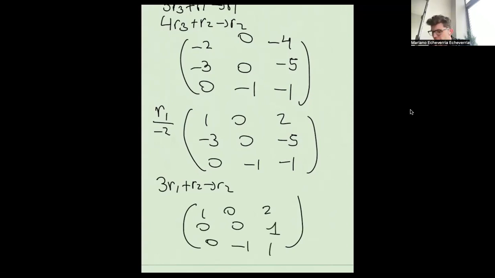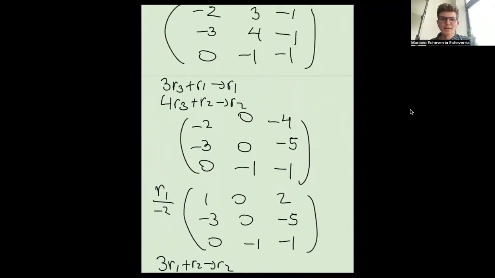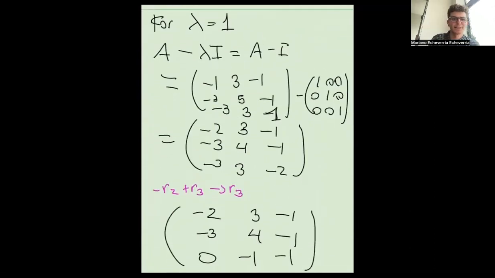Okay, so I must have made a typo somewhere because this is not going to work the way I wanted it, but it is kind of weird. I mean, I must have made a mistake somewhere else. Let me quickly check if everything is fine here.